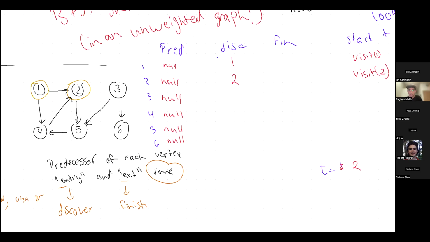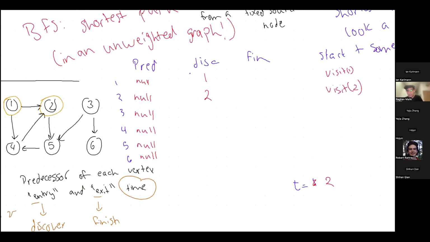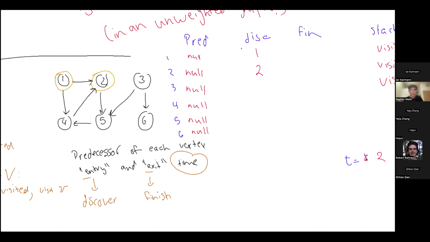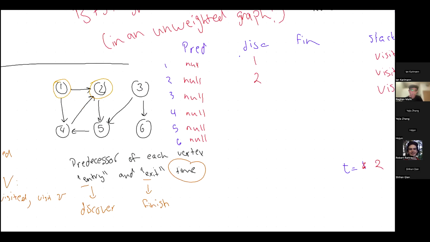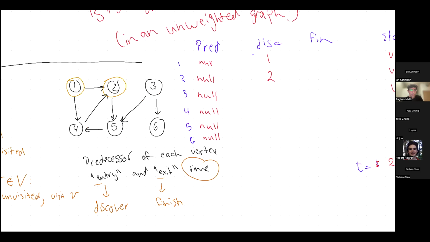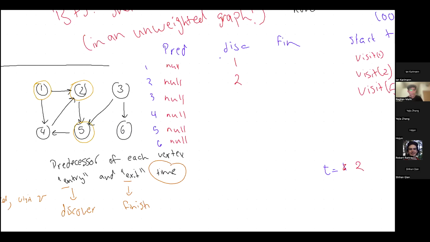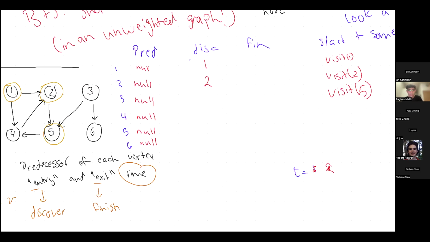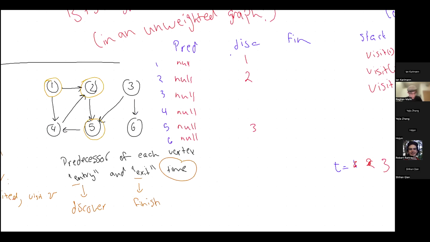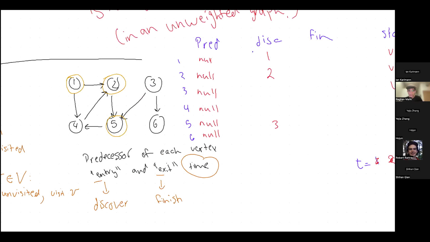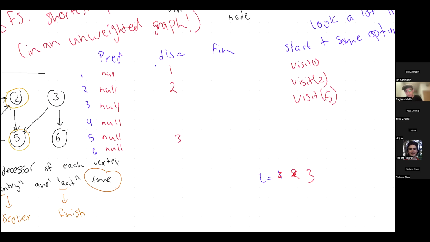I see 5, so I'm going to visit 5. I mark 5 as being in progress, increment the time, and set the discovery time of 5 to be 3. Then I look at all of its adjacent vertices. In particular, I see 4, so I'm going to visit 4.